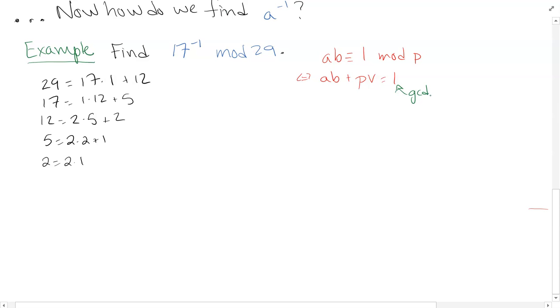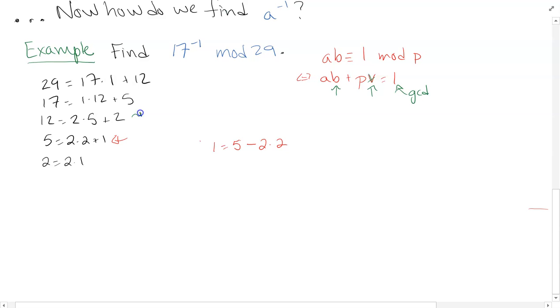To find this B and this V, which we don't really need, all we have to do is the extended Euclidean algorithm. That is to say, we want to start with our second to last line here and isolate the 1, so 1 is equal to 5 minus 2 times 2. Now I repeatedly substitute in.